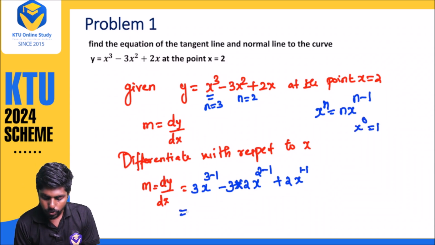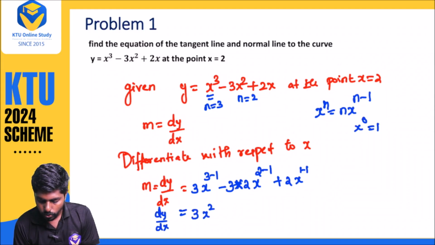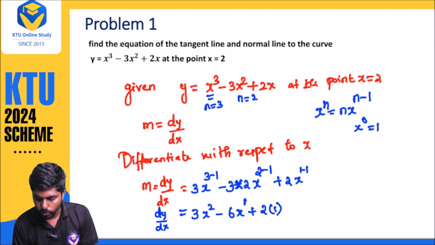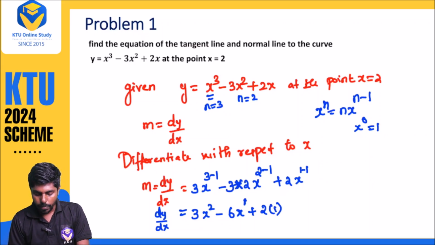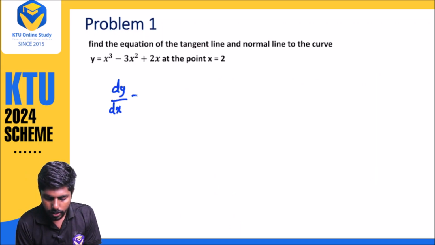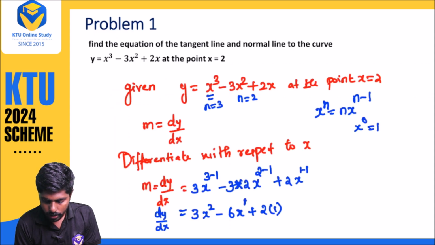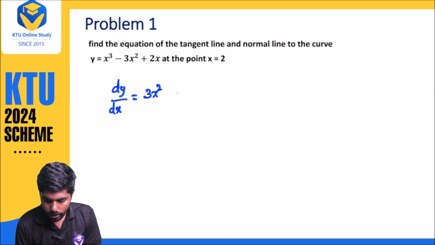So dy by dx is equal to 3x square minus 6x plus 2.